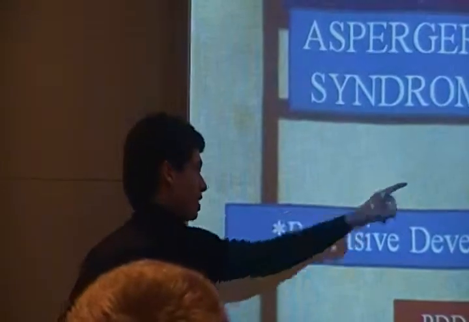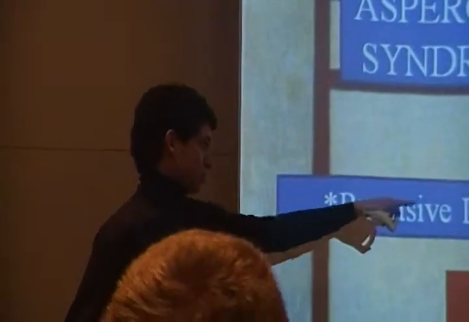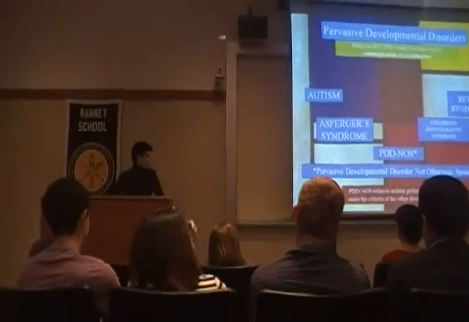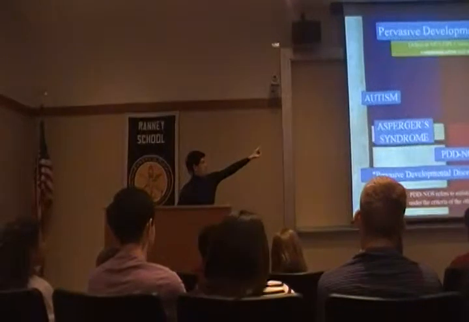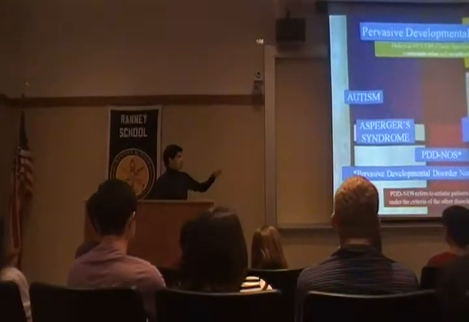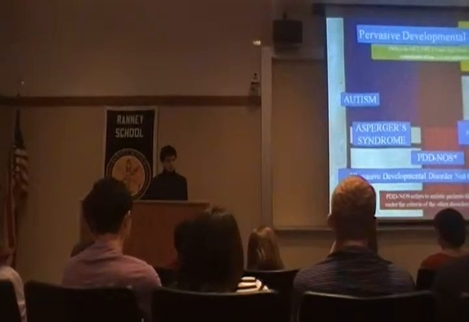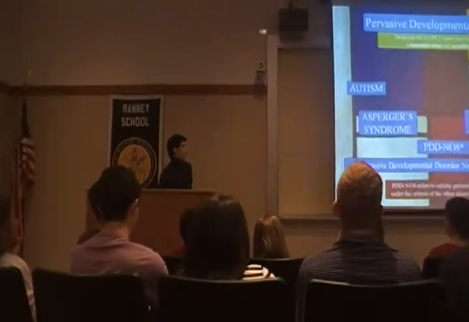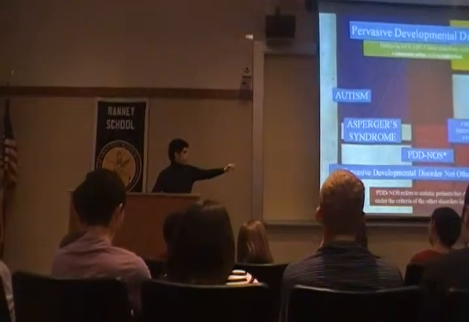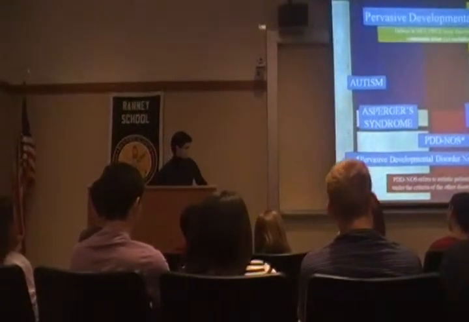It's called PDD-NOS, which stands for pervasive developmental disorder not otherwise specified. Basically, it's a disorder that none of the above categories relate to. So you could have the social aspects that you can see in autism and Asperger's syndrome, in which the child doesn't say anything until the age of 2, but then there could be fewer dietary problems involved, and that doesn't fit into any of these categories at all. And maybe the social problems probably go away later on in life. So PDD-NOS is that designation.